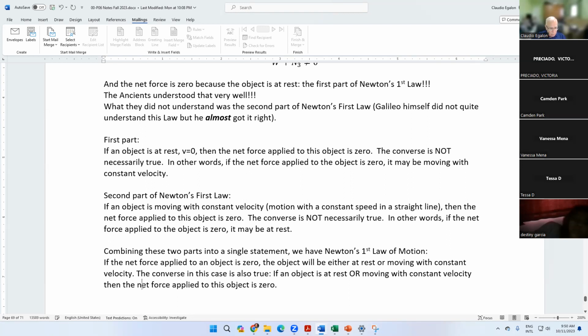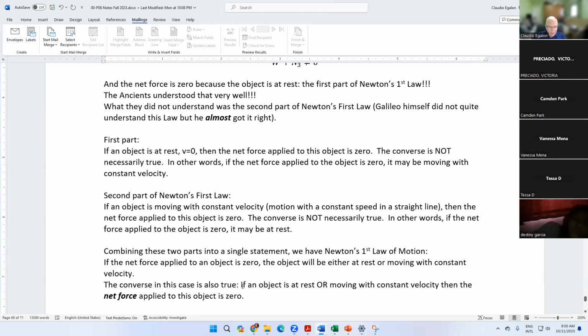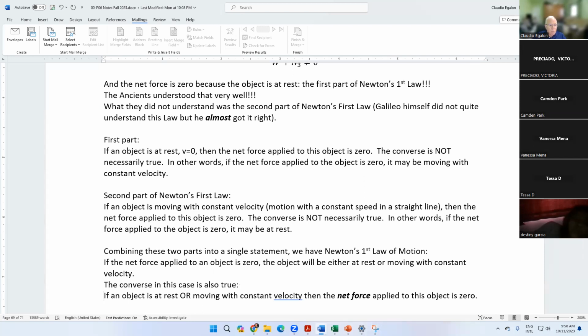And I'm going to emphasize here, net force. I'm going to put it on a different line. You have to memorize that for the rest of your lives.